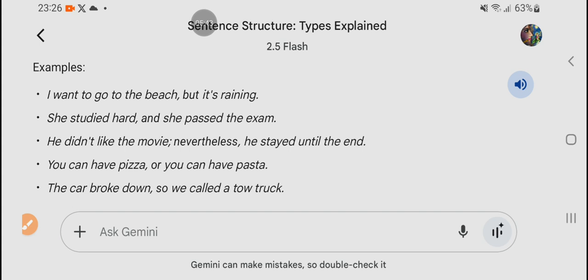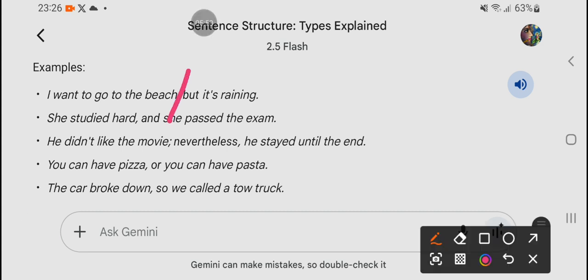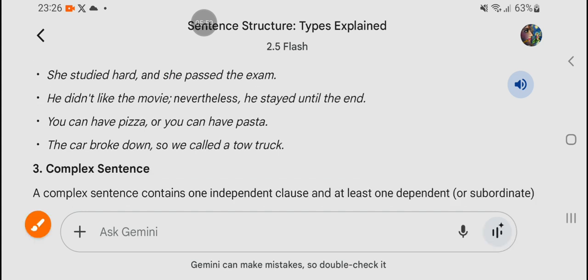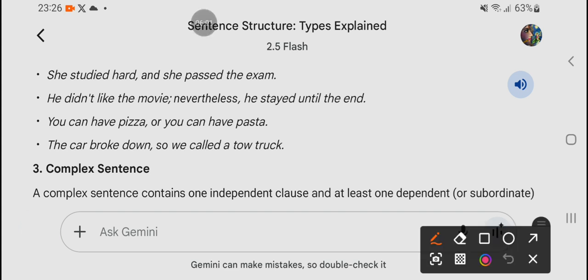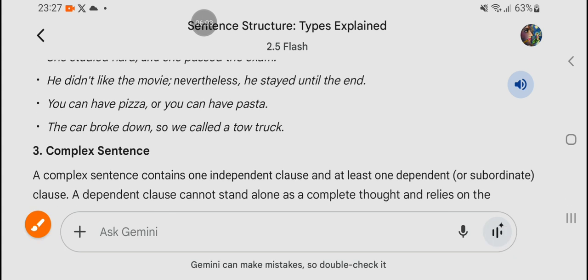How? See, I want to go to the beach, independent clause. But it is raining, right? Now, she studied hard and she passed the exam. So here two clauses, a compound sentence, right? Then I did not like the movie. Nevertheless, this is the conjunctive adverb. He stayed until the end.